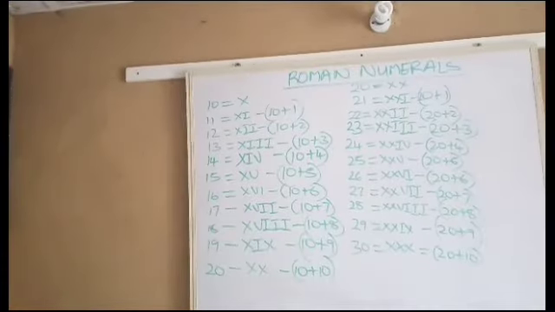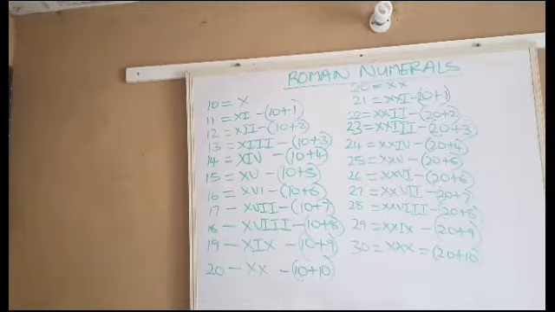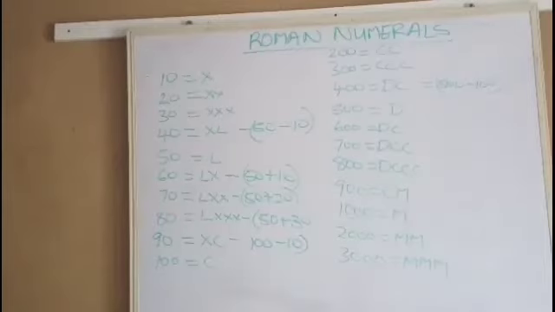Now this follows on. From all we've learned so far, when you get to the following number, you just add 1, 2, 3, but you must know the Roman numerals of 1 to 9. From there you just add from the tens to it.